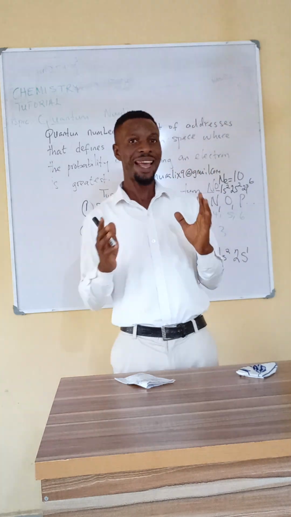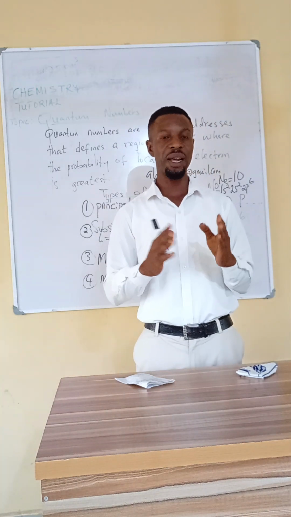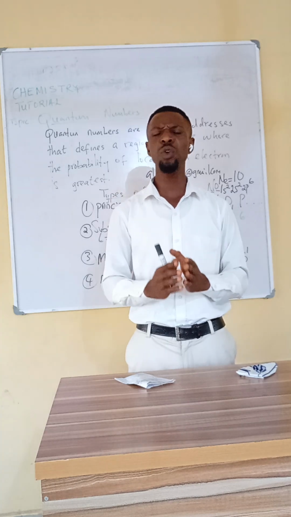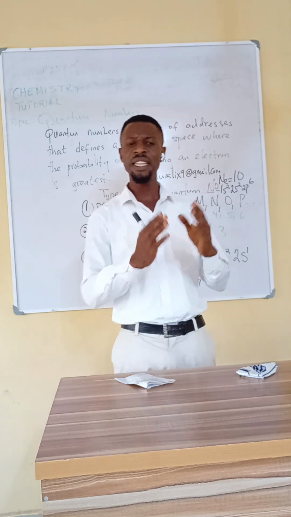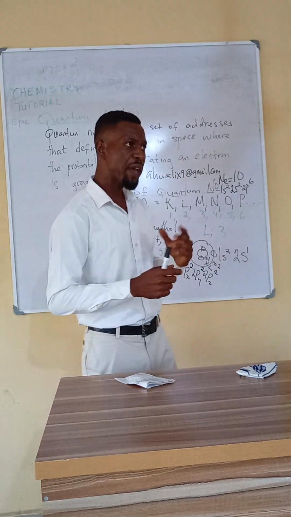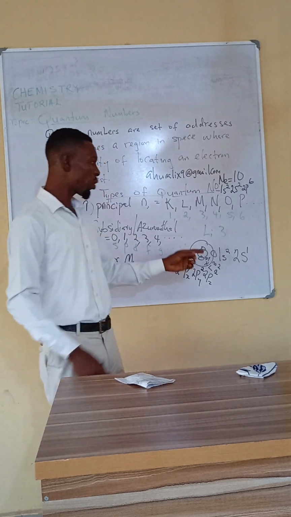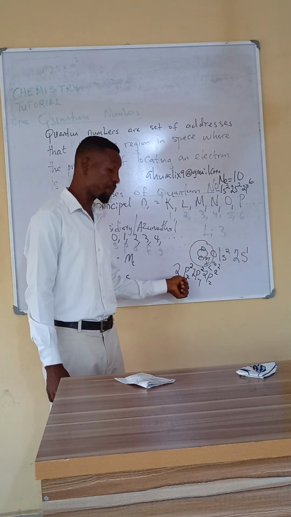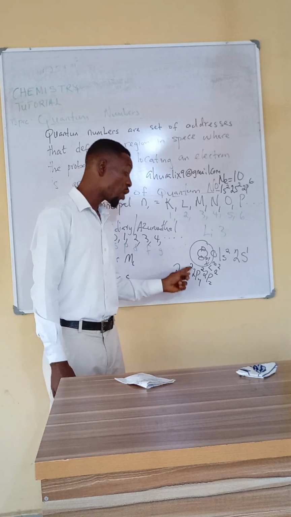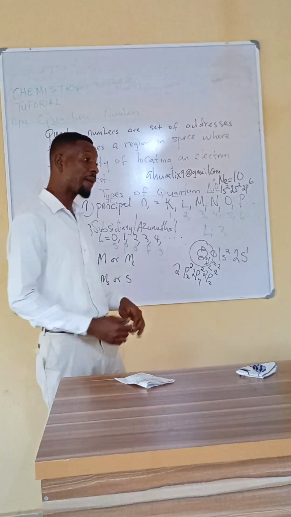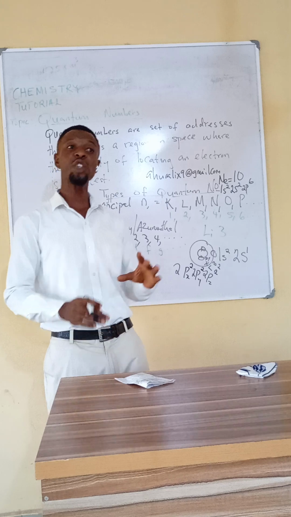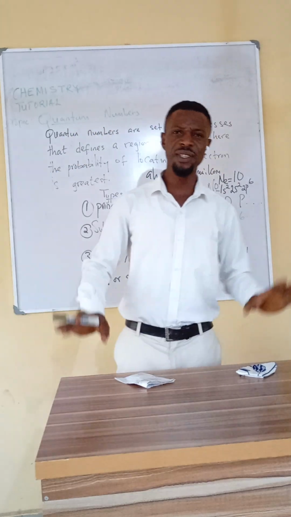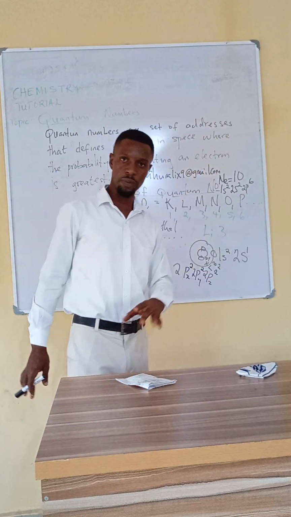However, like charges, such as positive and positive, will tend to repel, and negative and negative will tend to repel. And we know that electrons are negatively charged. Based on Pauli's exclusion principle, when two electrons enter this degenerate orbital, say px, one of them will have to spin up, the other one will have to spin down in order to minimize repulsion and be stable in this particular orbital.